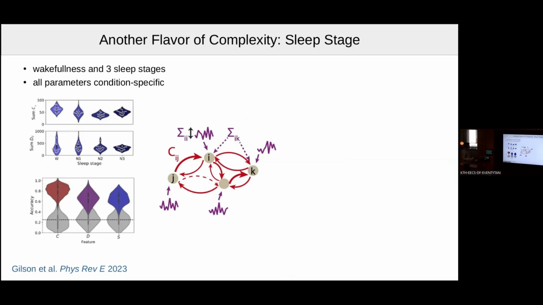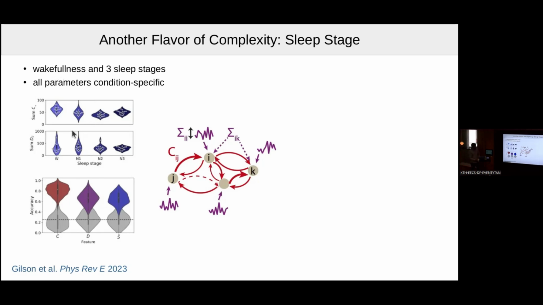Another study that is more recent focused on a different conscious condition, which is sleep. Here we've got data from Tagliazucchi that recorded fMRI in healthy subjects this time, from wakefulness to sleep stages.